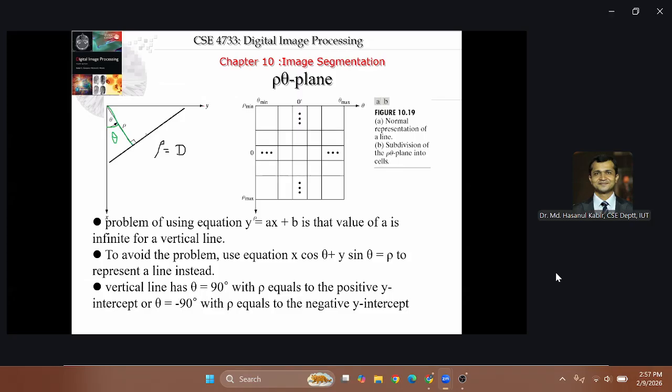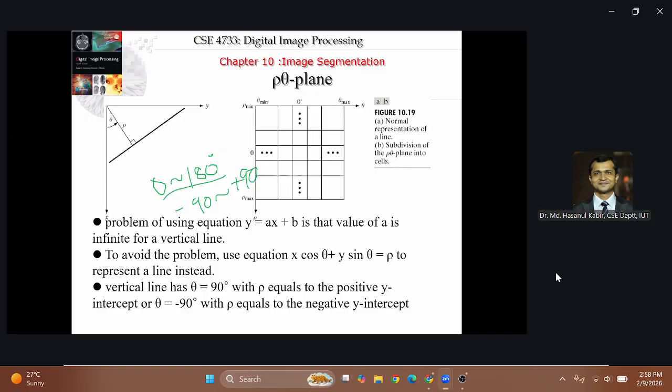This angle and the other way around are just 90 degrees apart. So the value of theta can range from 0 to 180 degrees, and the same range we can represent from minus 90 degrees to plus 90 degrees. Still we have this 180 degree range, right?